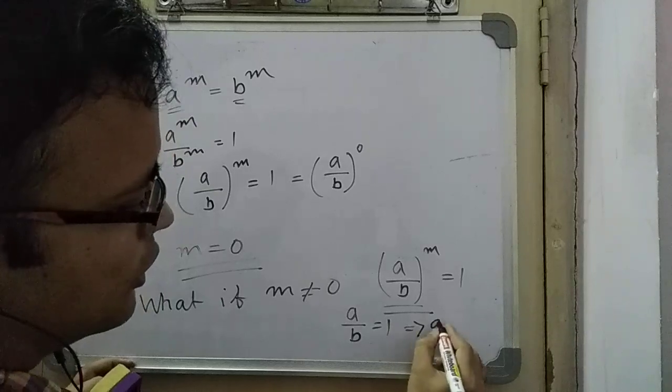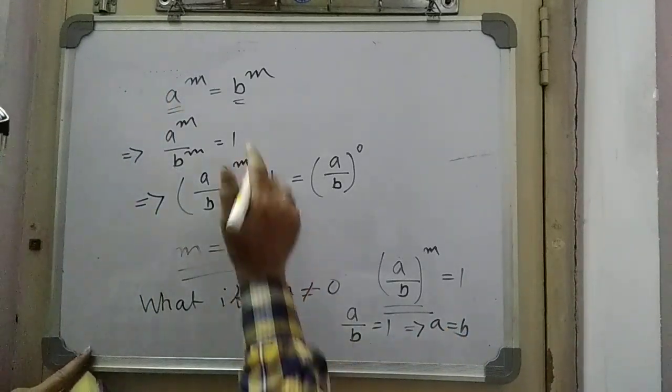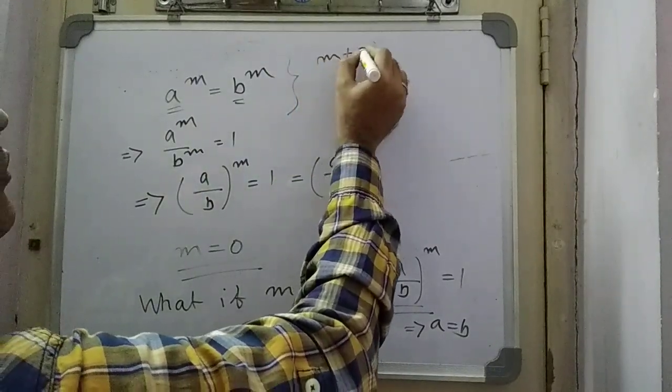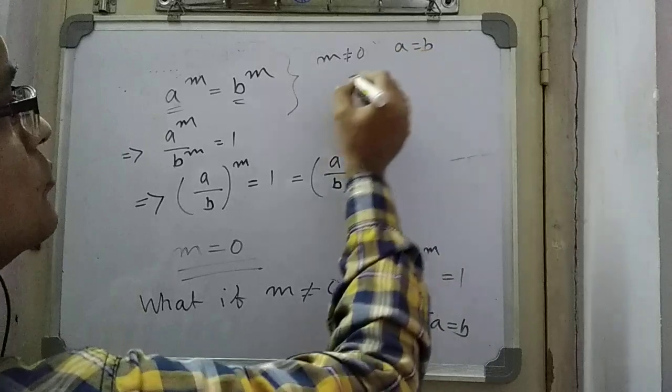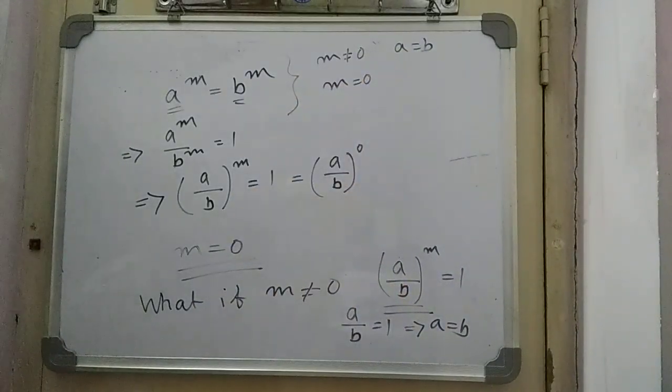So a equals b. So for m not equal to 0, a equals b, otherwise m equals 0. Just see this for a minute. Any question, let me know.